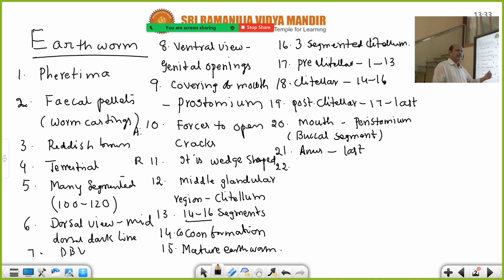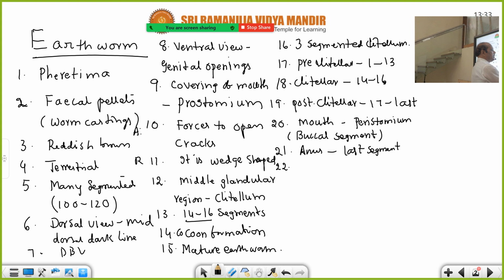Suppose there are 100 segments maximum, for example, then the 100th segment is the segment of the anus. If 120 are there, suppose the 120th segment is the segment of the anus. According to the variation in the number of segments, the last segment may change from time to time. But whichever is the last one, that will be the segment of the anus.